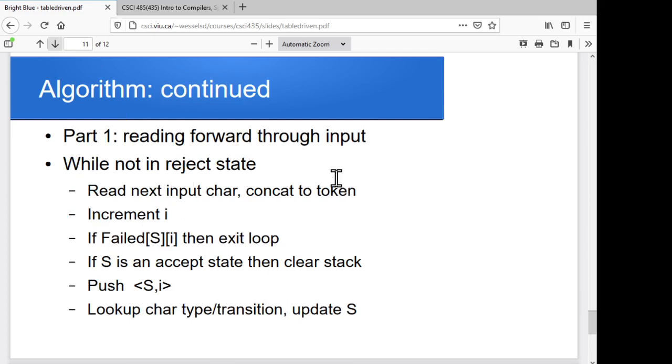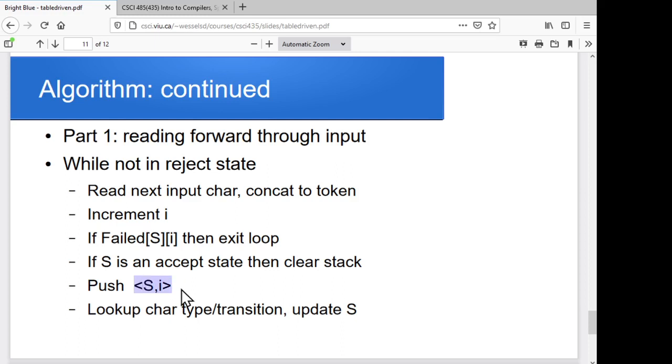We'll read the next character, concatenate it to the token, increment the position that we're in, and check and see if that failed table says this is a dead end. If it is, then there's no point in continuing on reading more characters. We'll just jump straight to the rollback section. Otherwise, we'll go through our algorithm normally.